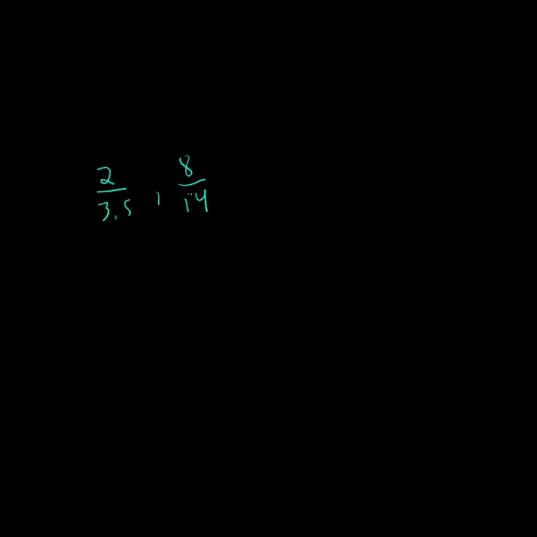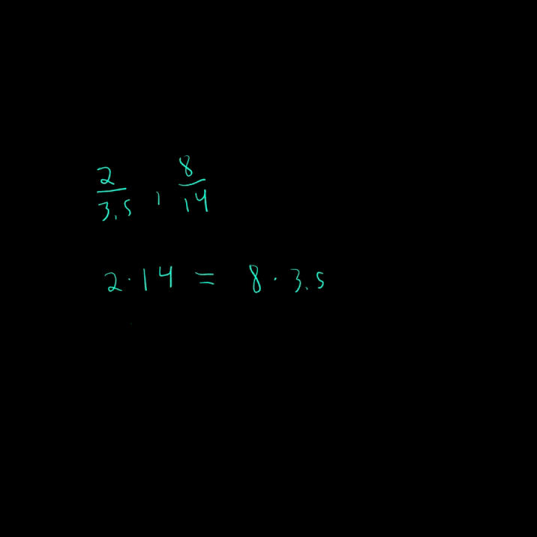If we want to find whether or not these are equivalent ratios, what we can do is just invoke the means extremes property, and we say that we know that 2 times 14 must be equal to 8 times 3.5 for this to be a proportion and for these to be equivalent ratios. So let's see if that's true.